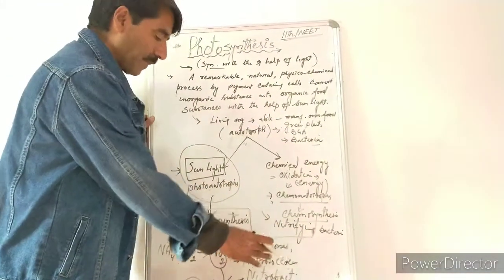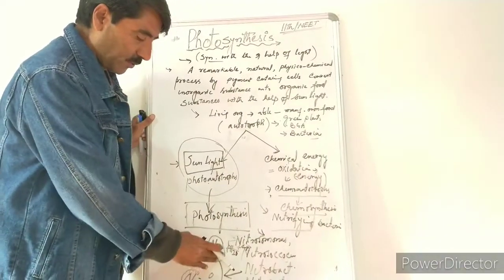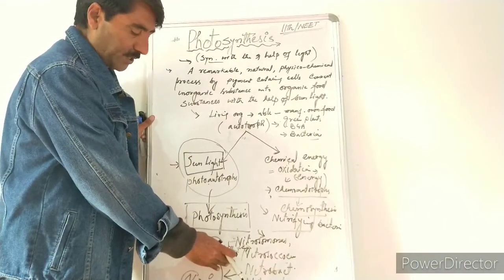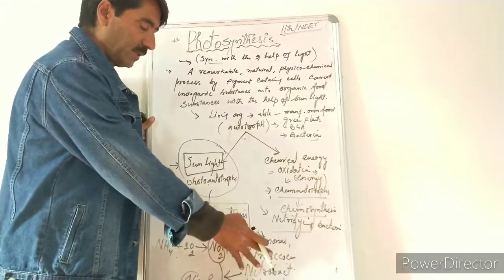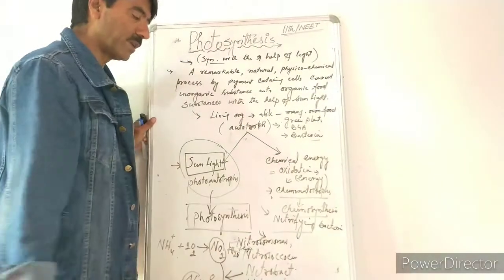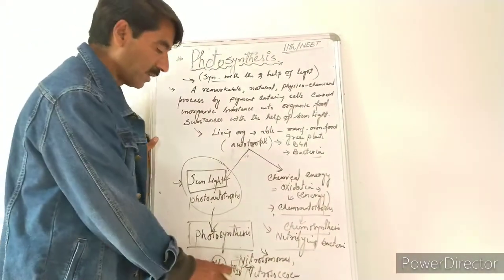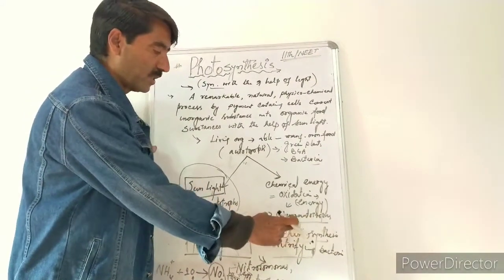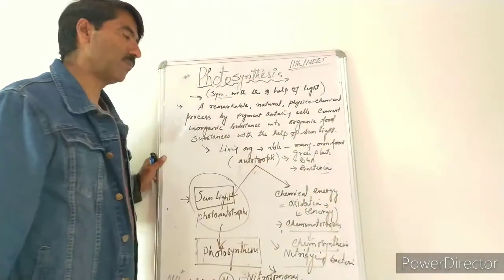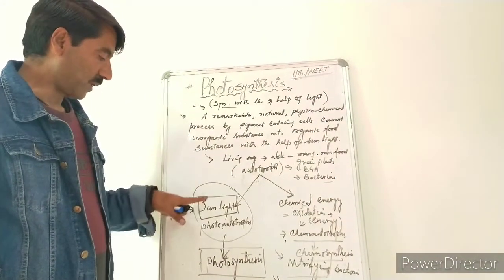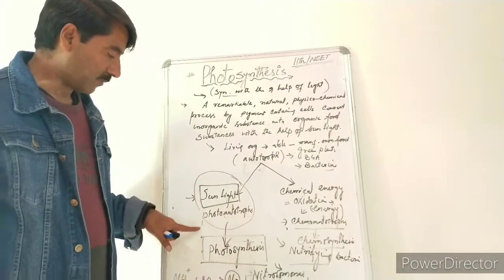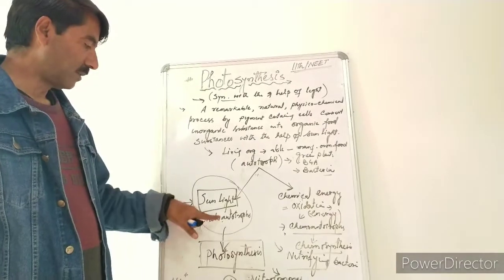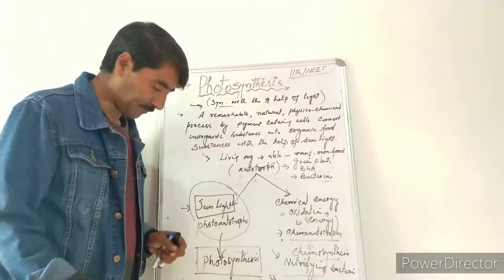So these reactions do release energy, and that energy is captured by these bacteria to manufacture their own food. So these are chemosynthetic bacteria, and the phenomenon is known as chemosynthesis, and these are called the chemoautotrophs. Now we will try to understand the photosynthesis performed by these photoautotrophs.